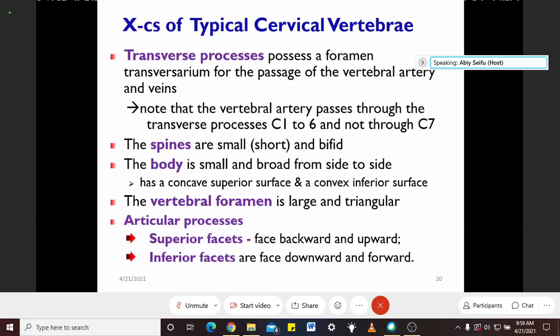Of course, the spinal cord has two enlargements, the cervical enlargement and the lumbar enlargement. The cervical enlargement is found within the cervical region, so that is why the vertebral foramina of the cervical vertebrae are larger, which is highly related to the nerves that supply the upper extremity.